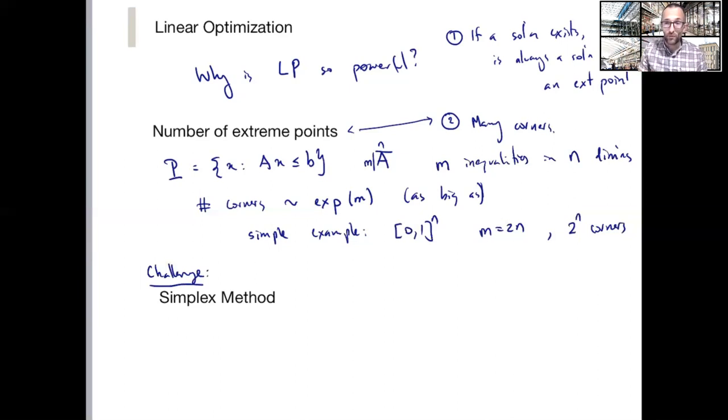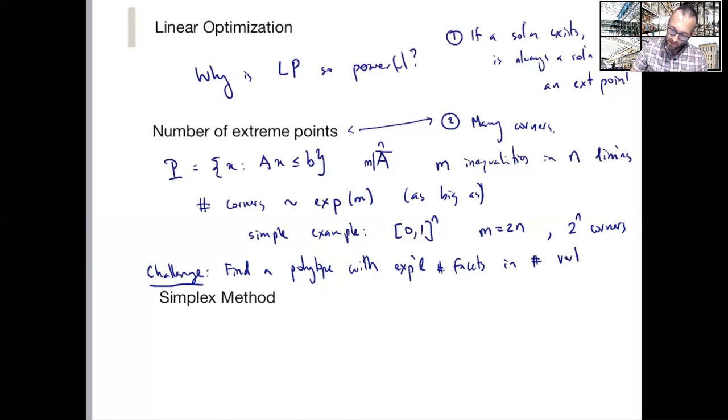So I want the reverse relationship. Find a polytope with an exponential number of facets in the number of vertices.